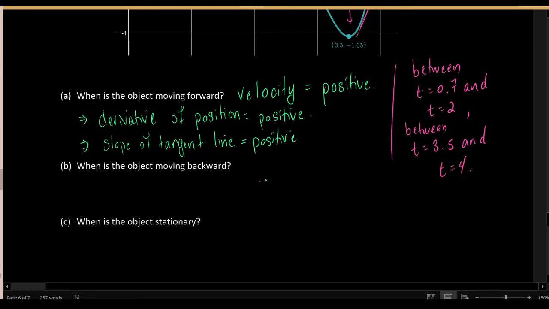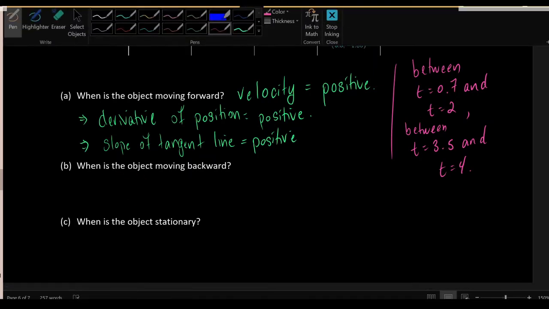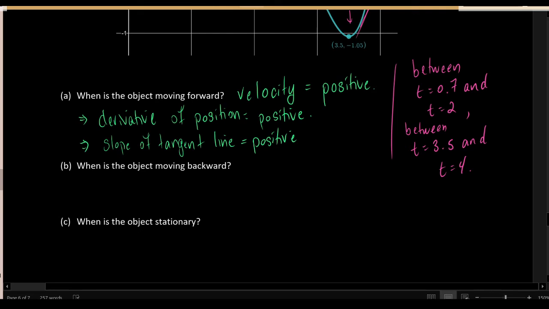and the final time at t equals 4, when was the object moving backward? At such a location, the velocity would be a negative number. So the derivative would be a negative number, and therefore the slope would be a negative number. So we're looking for locations where the tangent line would have a negative slope, which forces the graph to be tilted down.